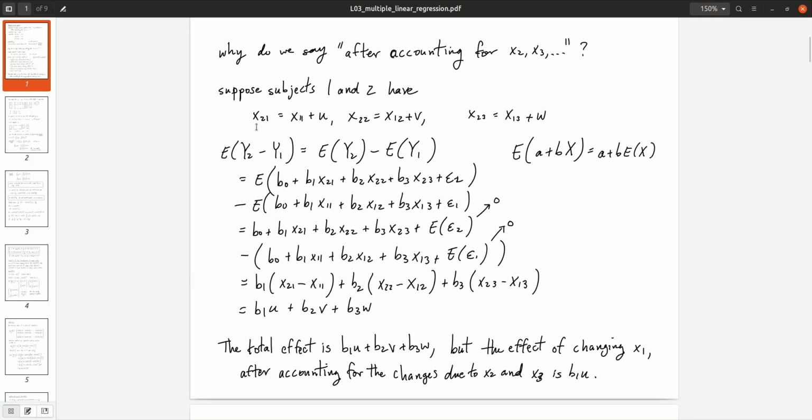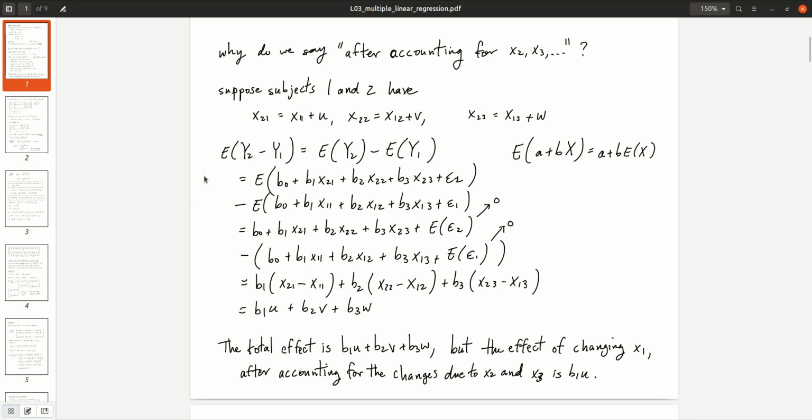Subject 2's first covariate is just equal to subject 1's first covariate plus u. So u is some number. Subject 2's second covariate is subject 1's second covariate plus v, and subject 2's third covariate is subject 1's third covariate plus w. So I'm just telling you that they differ by u, v, and w.